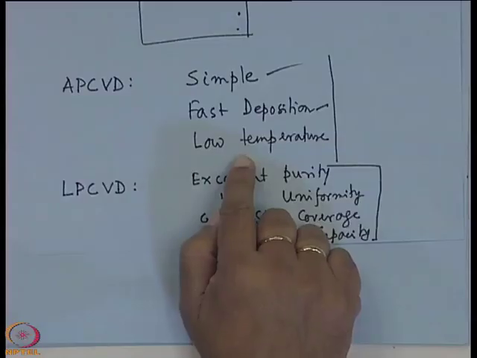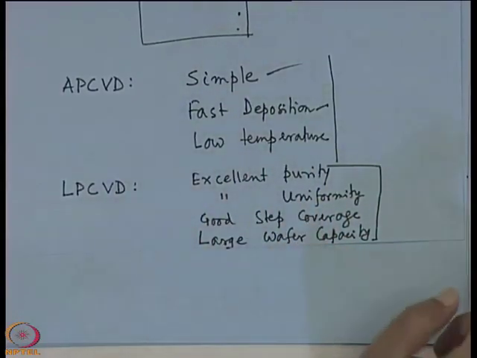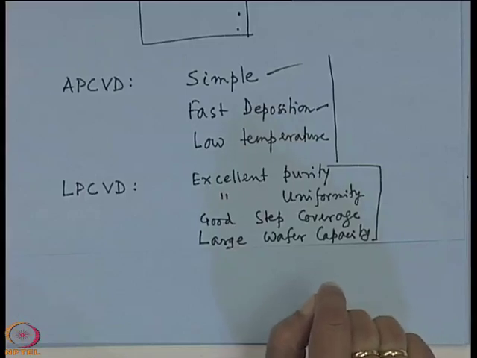When it is low pressure, continuously you are sucking something from the reactor chamber to the scrubber. Scrubber means where the waste products or materials are burned before being released to the atmosphere. And in APCVD you can use low temperature. In LPCVD the temperature is not low, it is high.